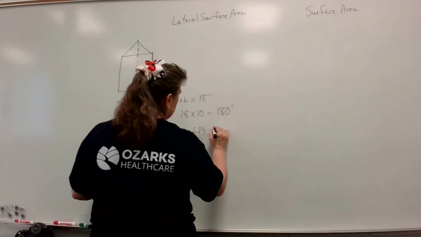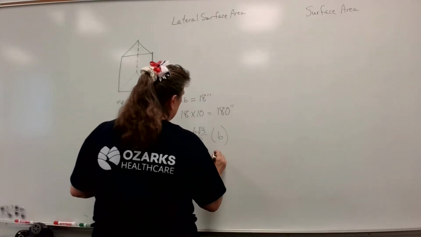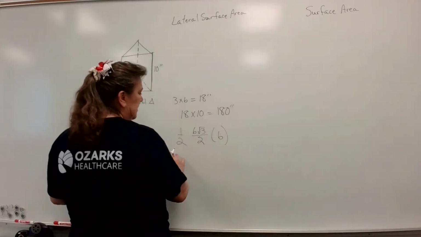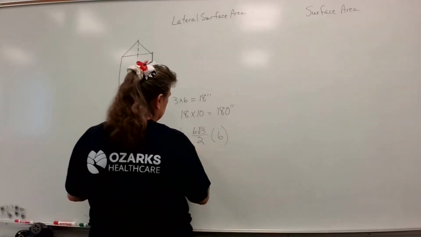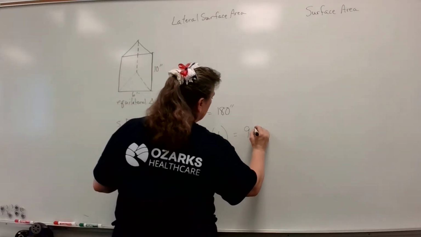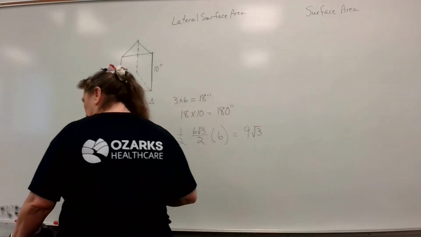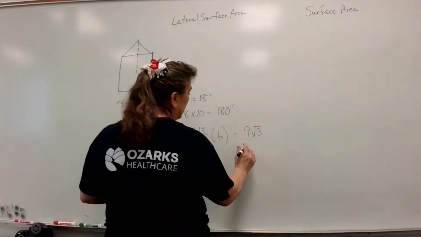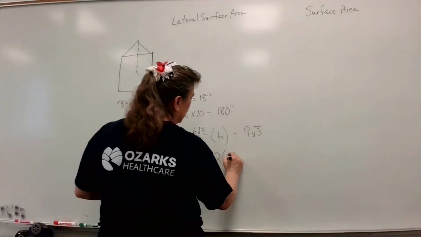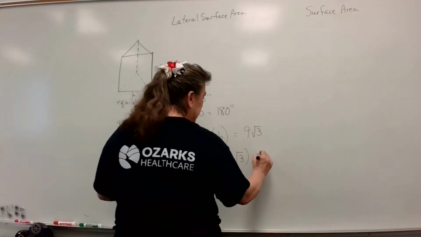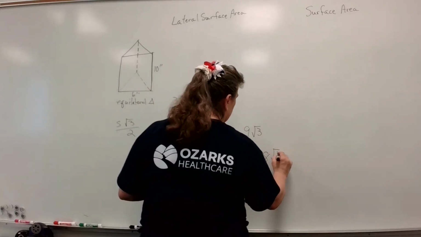And my base is 6. And it's 1/2 of that. So this is going to give me 36 divided by 4 is equal to 9 square root of 3. And there's 2 of those bases. 2 times 9 square root of 3 is equal to 18 square root of 3.